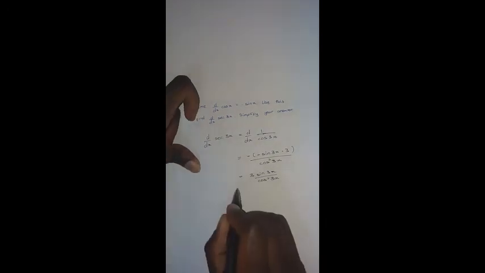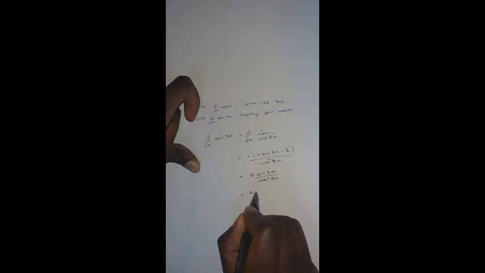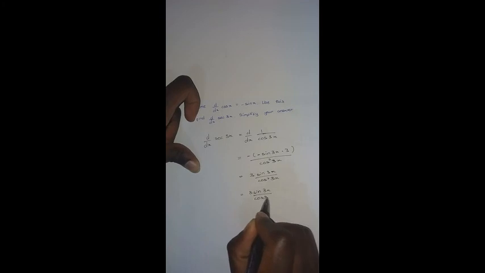But we know that sine over cos will give us a tan, so we can write 3 sine 3x over cos 3x times 1 over cos 3x. Hence you get 3 tan 3x times sec 3x.